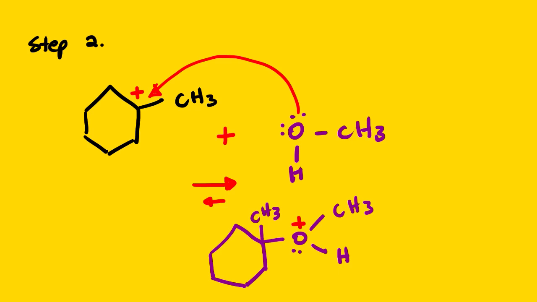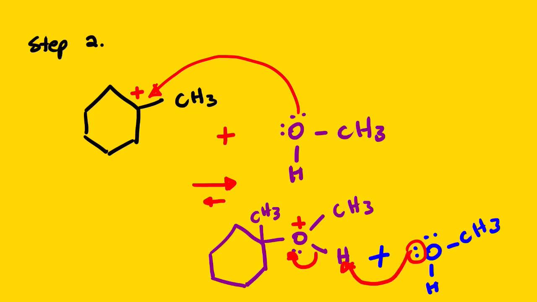So what happens is that we react the very same product with alcohol again. So this hydrogen, the bonding electrons between oxygen and hydrogen will move to oxygen, and then we have a pair of electrons attacking this hydrogen.